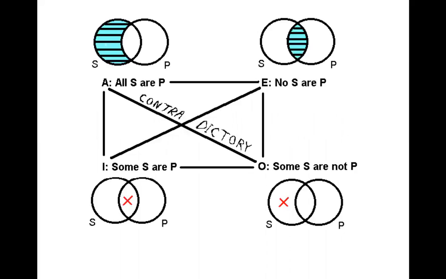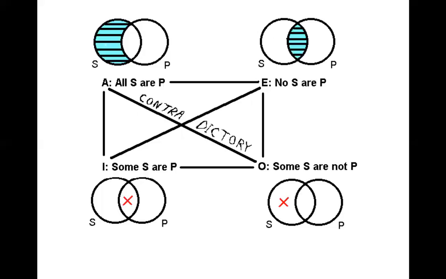The important thing to look at is the X that goes across the square, where it says contradictory. When two statements are contradictory, they can't be true at the same time. So whenever an A proposition is true, its corresponding O proposition is false.